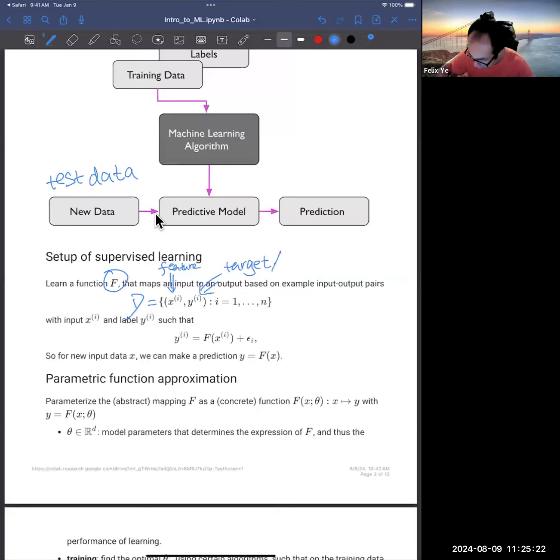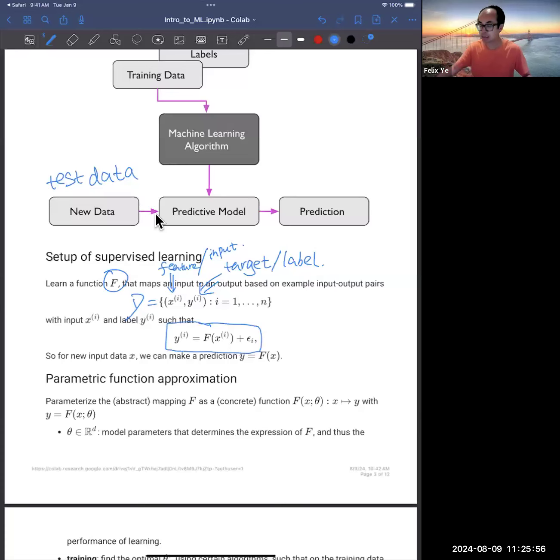Sometimes we call the feature the input, which is the same thing. So x_i is the feature, y_i is the target. The whole point is we want to learn a function f such that we can build a model y_i = f(x_i) + ε, where ε is some noise.